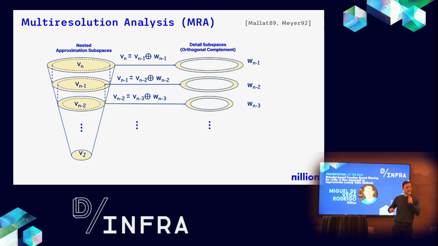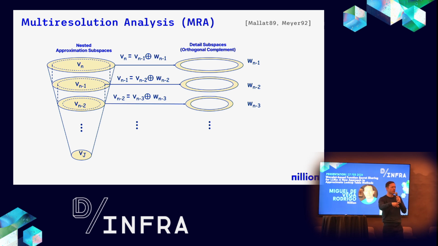So this is a beautiful mathematical structure, the multi-resolution analysis. The idea is that you have a signal living in a vector space, and then you create this structure of nested subspaces that provide less and less resolution. So you project your signal onto those subspaces, losing information from your signal, making it more coarse.